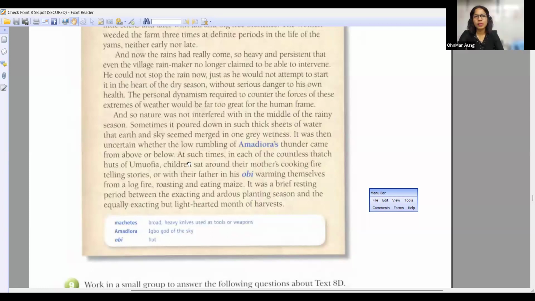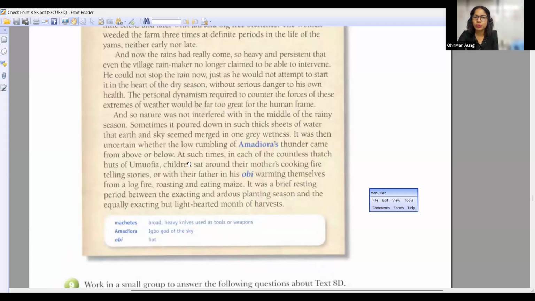Now the rains had really come, so maybe it is the middle of the rainy season. The rain becomes heavy and persistent. It rains every day. Persistence means regular. Even the village rainmaker no longer claimed to be able to intervene. You know, in some societies, there is a rainmaker.